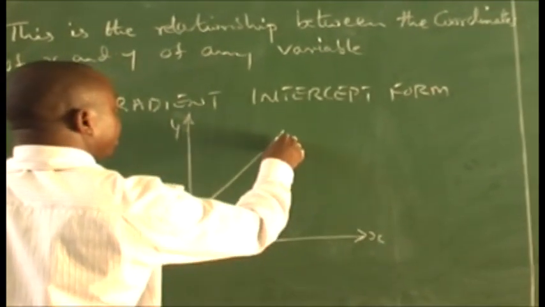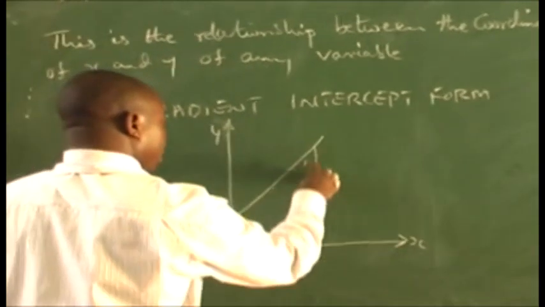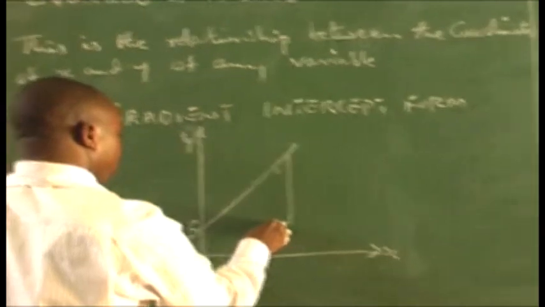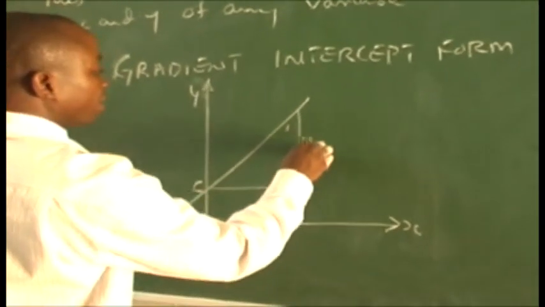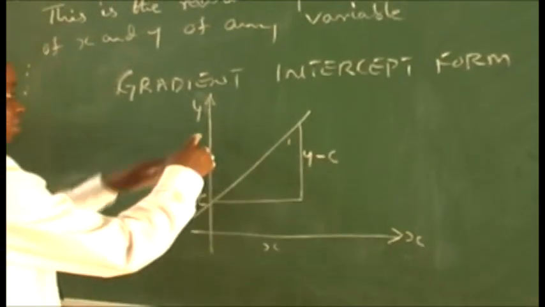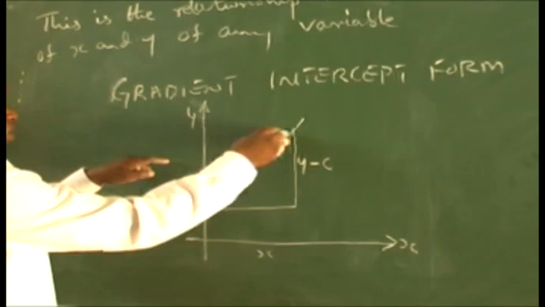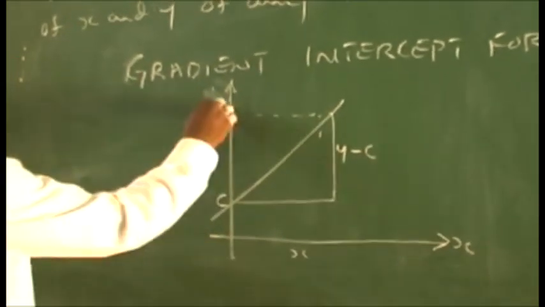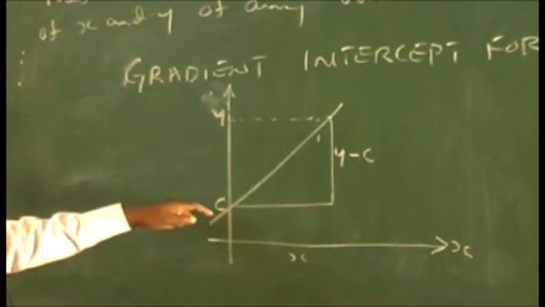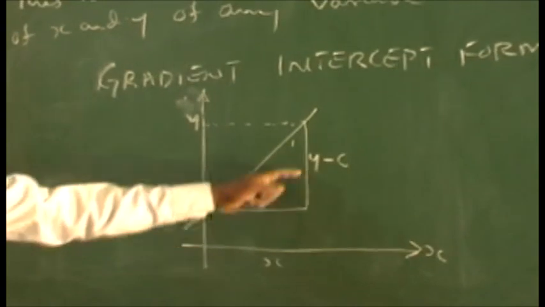So if I take any point at this point here, I know that this place is y minus c. This y minus c will give me the distance from this particular place. Let me pick this y here. So y minus this c will give me the distance here.